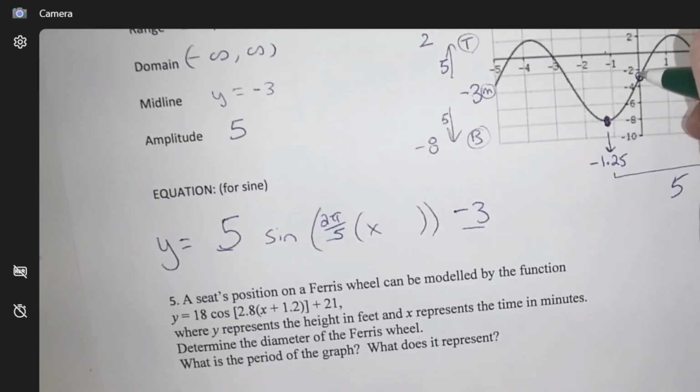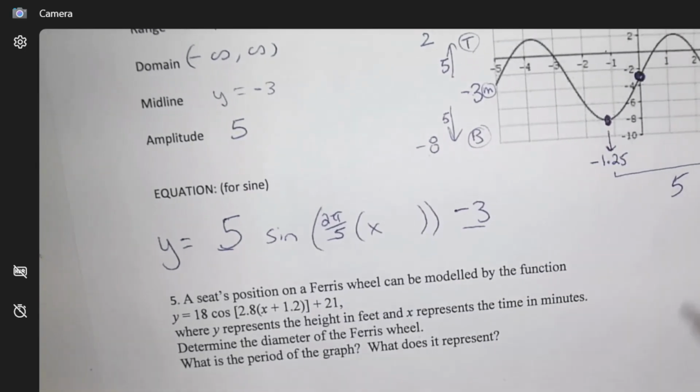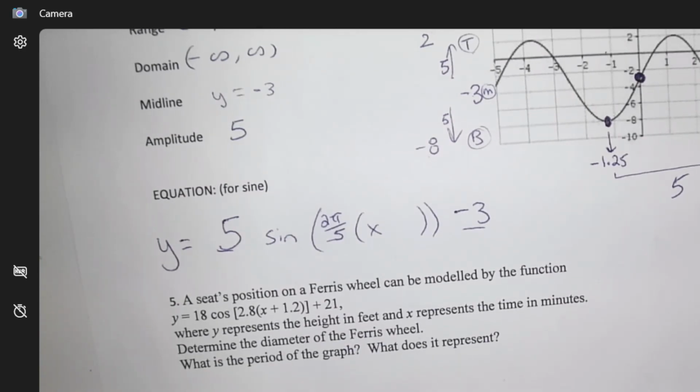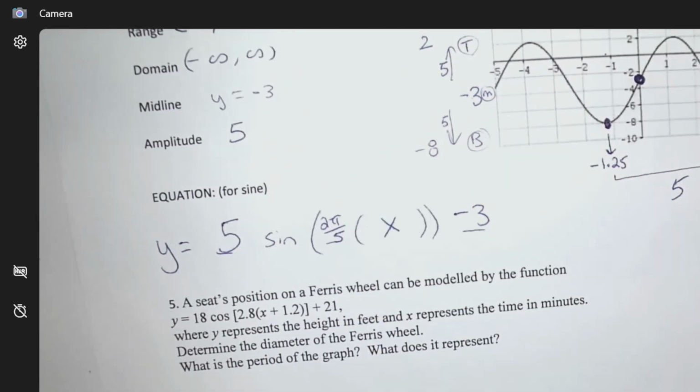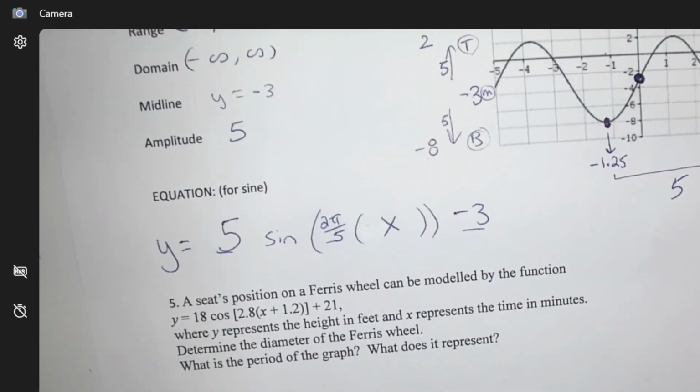So this one would work. And where has it moved, left or right? Nothing. It hasn't, so I actually don't need anything there. That's it. Don't need a number in there because I haven't moved it.